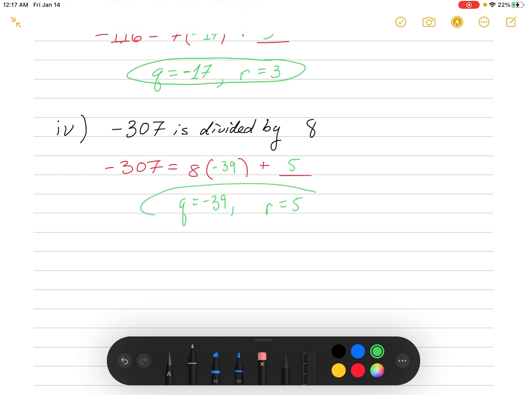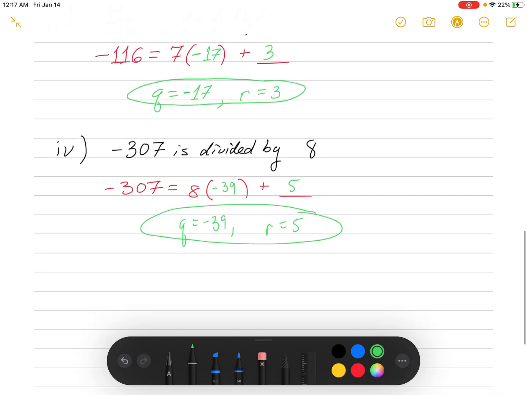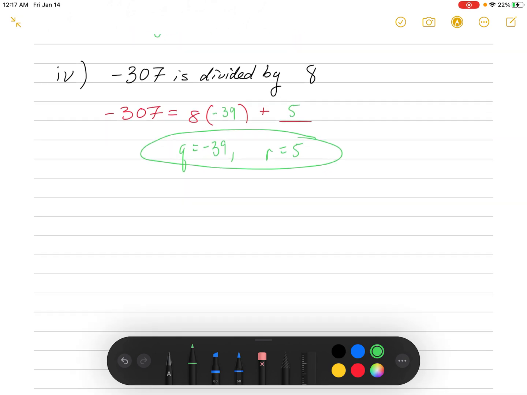Now notice that R is greater than or equal to 0, and it's strictly less than the divisor of 8. All right, we'll do one more. Number 5, minus 208 is divided by 4. Let's find the quotient and the remainder.